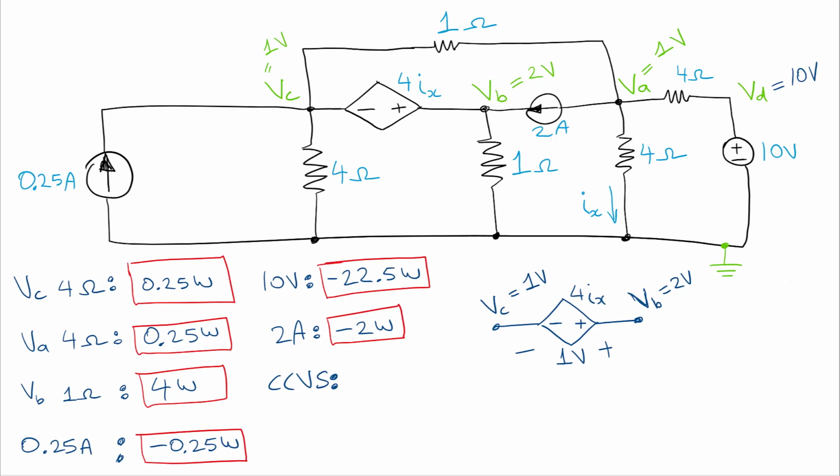Okay, it's 1 volt in this orientation with plus on the right and minus on the left. Okay, we didn't even need to calculate the current IX to find the value because we already have the node voltages defined. Okay, so then the trick is, what's the current flowing through this device? Okay, how are we going to find that out?